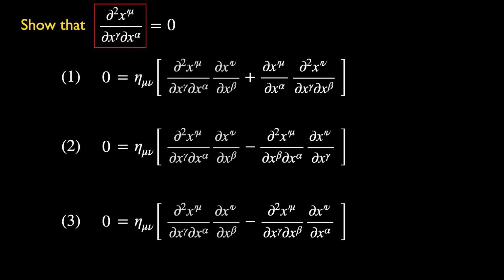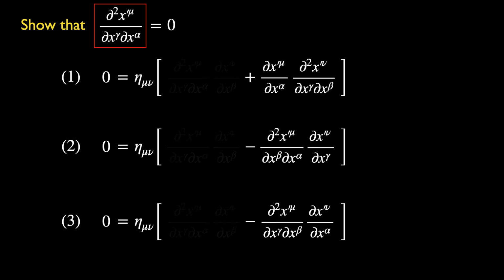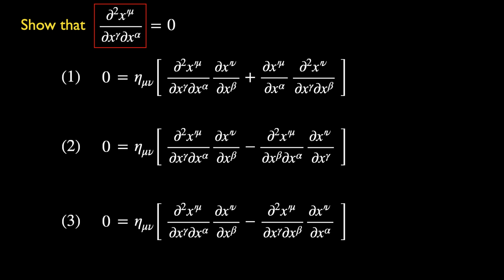All three equations have identical first terms. Notice also that the second term of both equations 1 and 3 are identical, differing just by a minus sign. This is so because the matrix eta is symmetric.